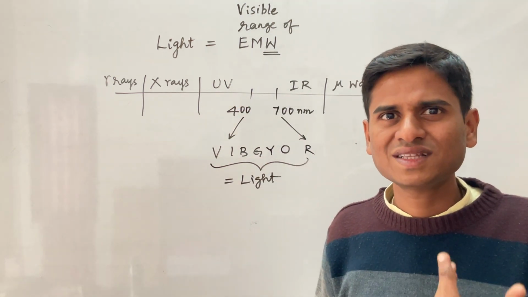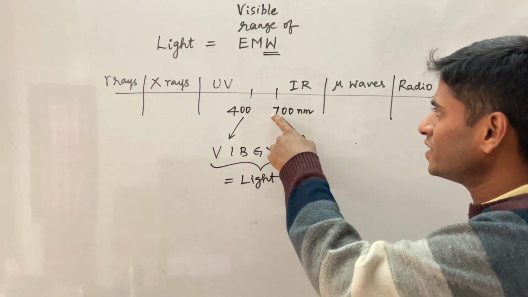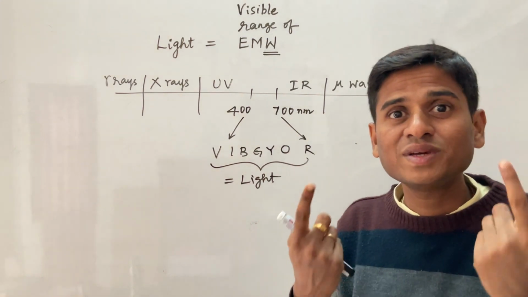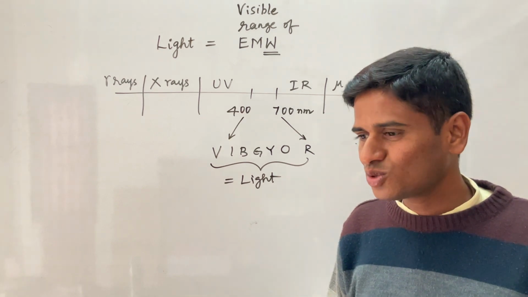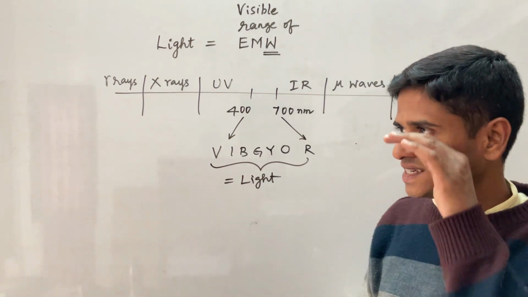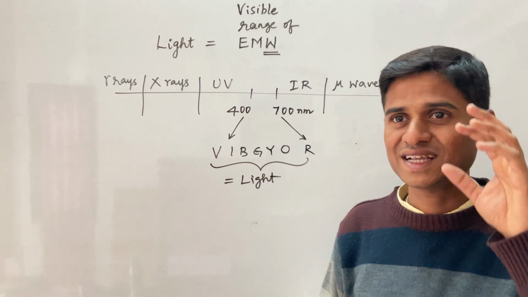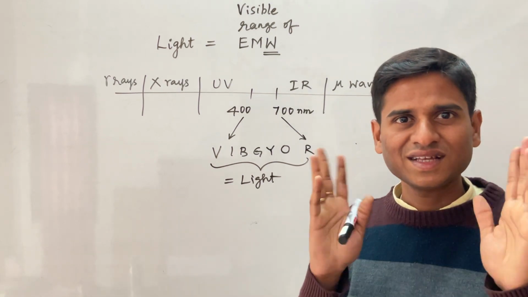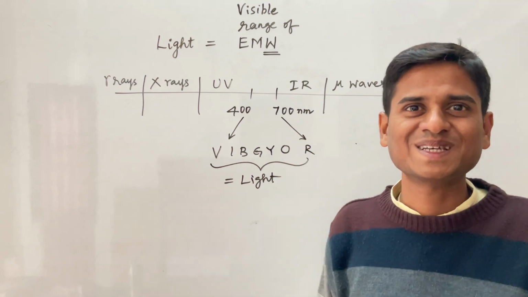Then how is it that an electromagnetic wave with a wavelength of 700 nanometer appears to be red? How? Maybe when the electromagnetic wave reaches my retina, some color mixing is happening? No. Even within the retina, within the eye, there is no color cartridge kind of system where color mixing is happening.